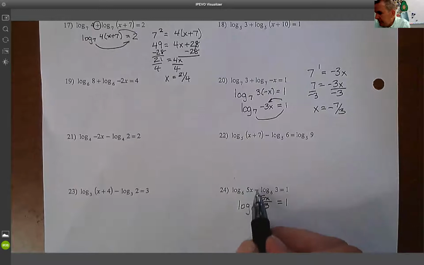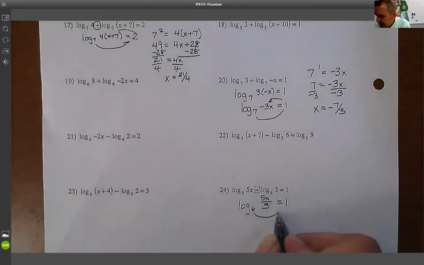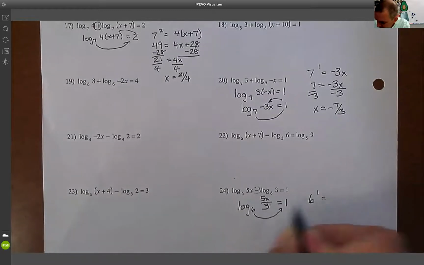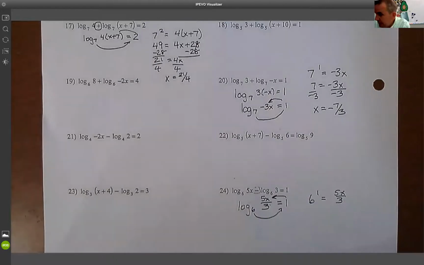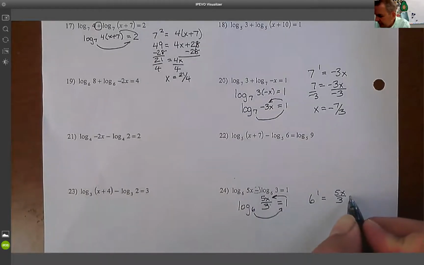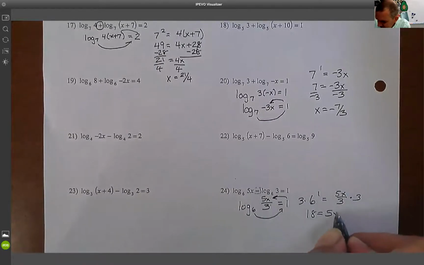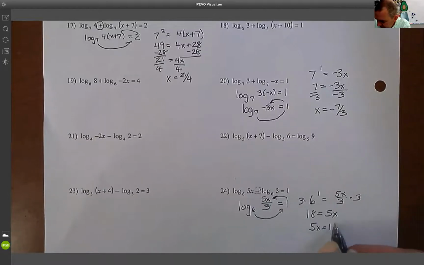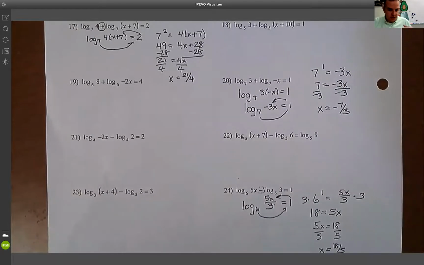I brought the minus back together as a division. Now 6 to the first equals 5x over 3. To solve that, multiply both sides by 3: 18 equals 5x, or 5x equals 18. Divide by 5, and x equals 18/5. So that's what we did today in terms of closing the loop from last Thursday's class.